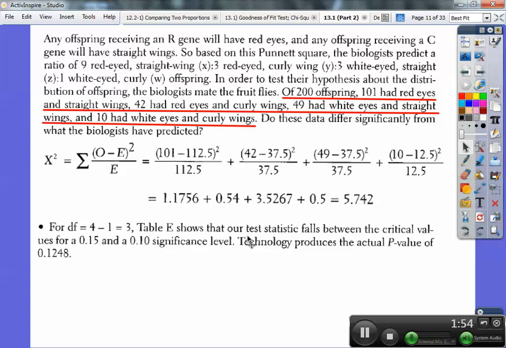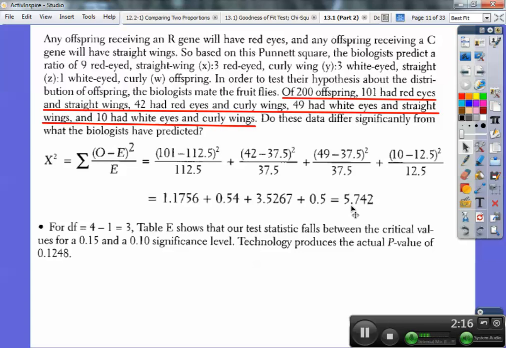So Table E shows where our test statistic falls. Pull your book open again. Go down on Table E, and then go across and look for 5.742.